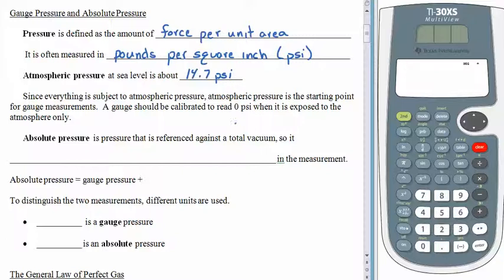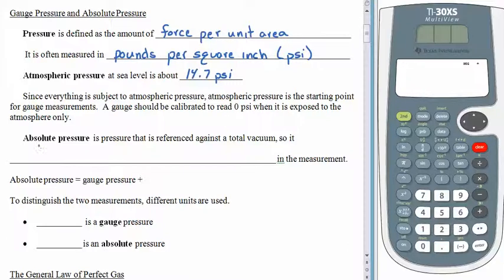But everything is subject to atmospheric pressure. So for a gauge measurement, we really don't want to count that. A gauge should be calibrated to read 0 PSI when it's not exposed to any other forces. Absolute pressure is pressure that's referenced against a vacuum. That means we have to count the atmospheric pressure as well as any other pressure that might be acting.